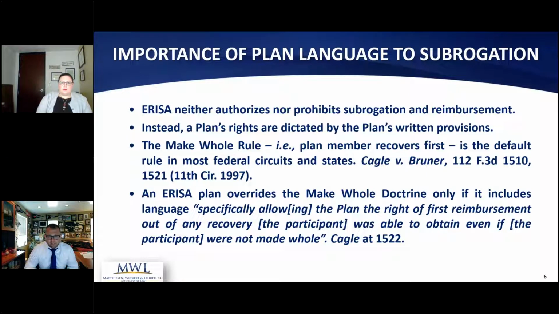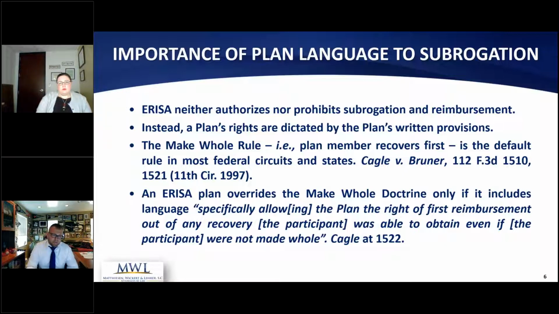So after you look at that plan information page, you want to go into the plan's subrogation provision. Just a little tip: oftentimes if you're dealing with a plan that's existed for a long time, maybe with the same TPA, there may be amendments in the back of the plan, or material modifications, where the plan over time has updated or amended its subrogation provision but didn't do it in the body.